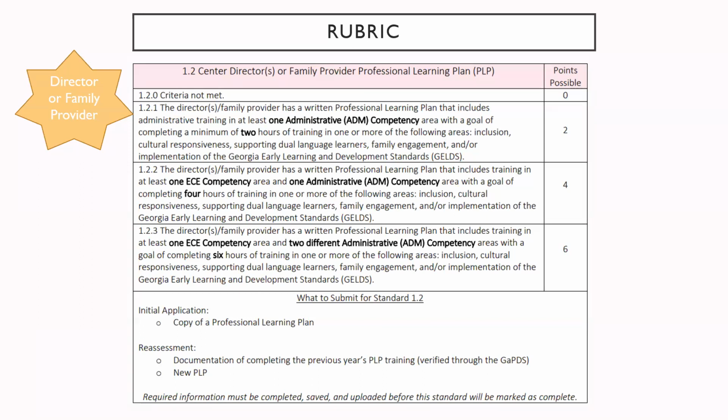For reassessment, program directors or family providers, which are those providers and directors of programs that have already been rated, documentation of completing the previous year's PLP training, which would be verified through the Georgia PDS, should be completed, and a new PLP should be uploaded.